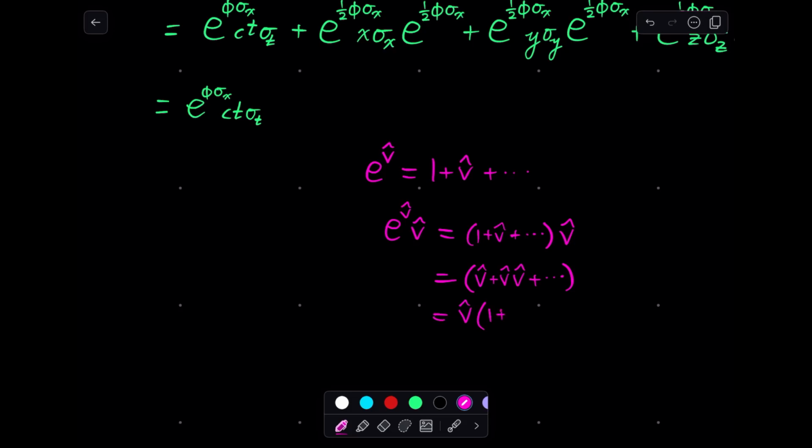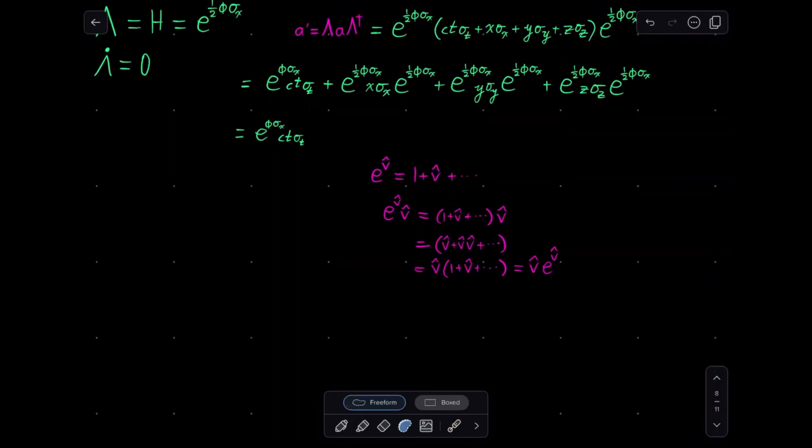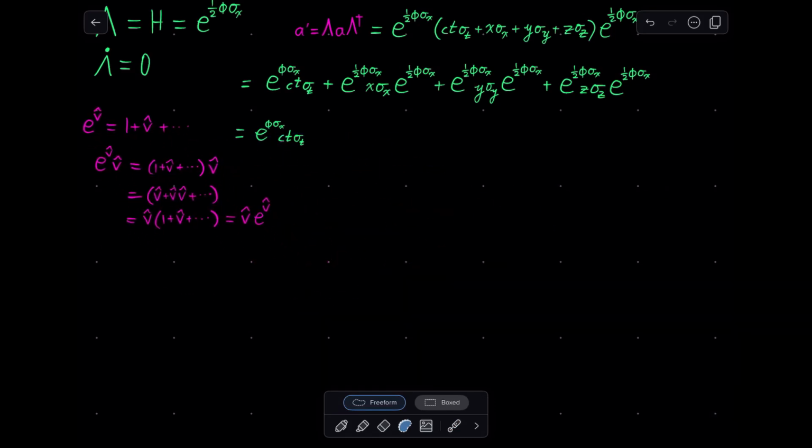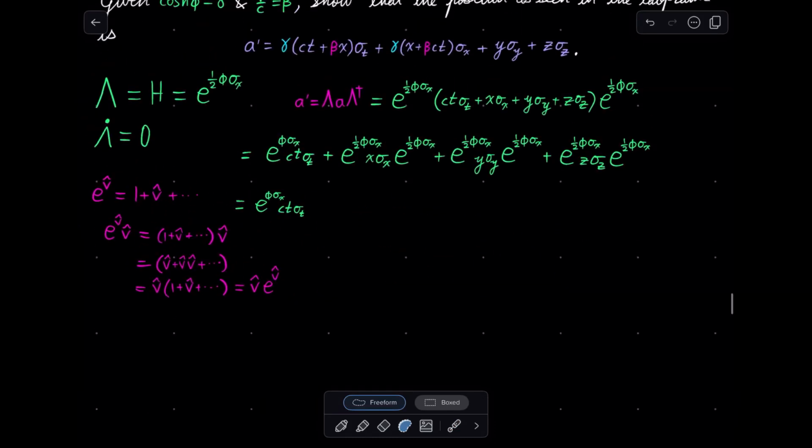So 1 plus v all the way. So we end up with v being able to commute with the exponential of v right here. This means that they can commute. I will put this over here, and I'll move this here.